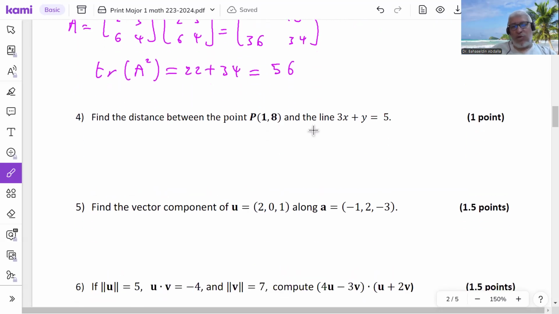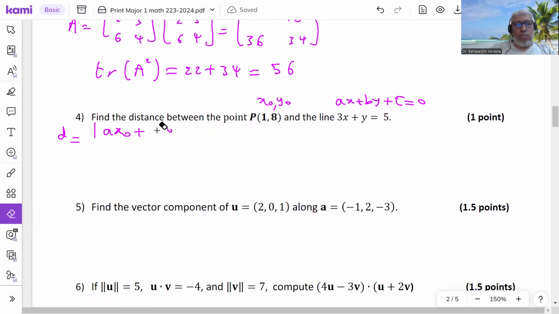Find the distance between the point and the line. Well, we have a formula. If the point is x0, y0, and the line is ax plus by plus c equals 0, then the distance is the absolute value of ax0 plus by0 plus c over the square root of a square plus b square.